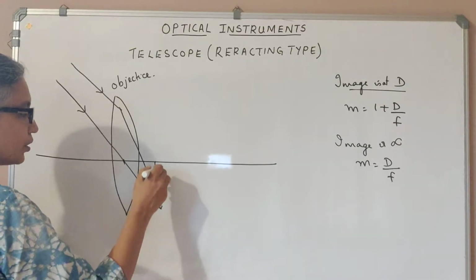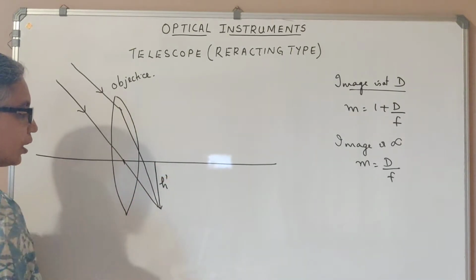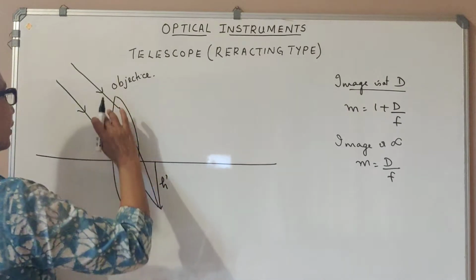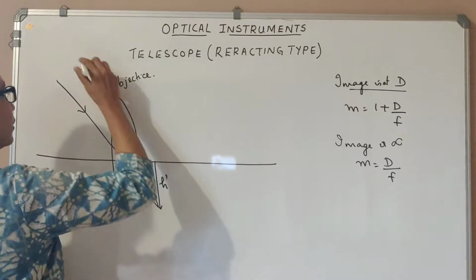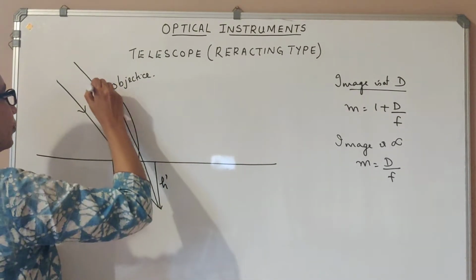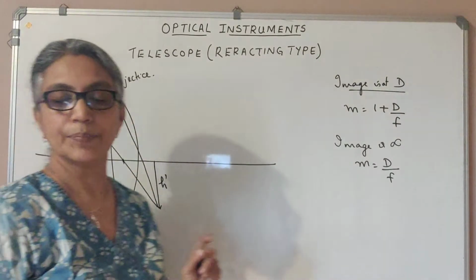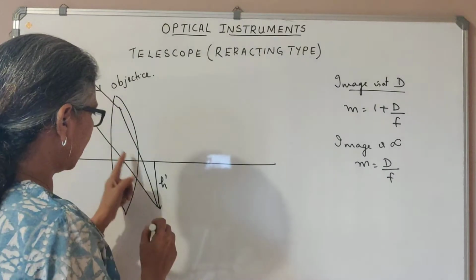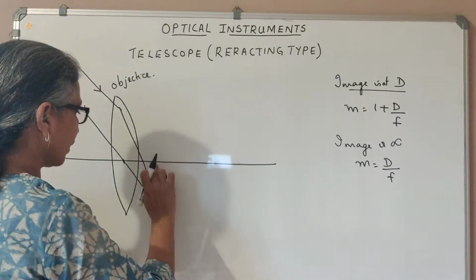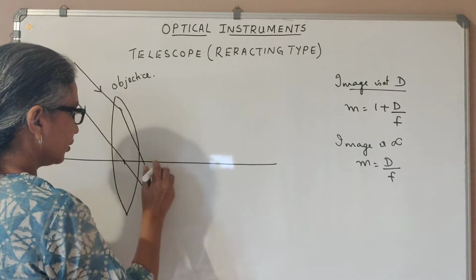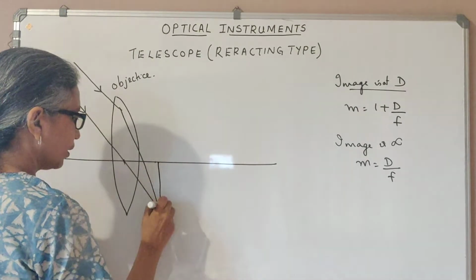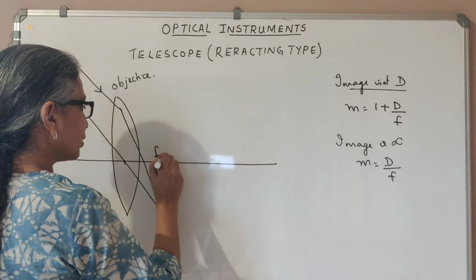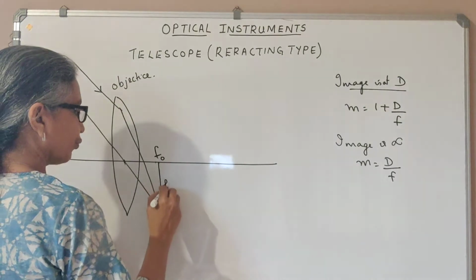So the first image is going to be formed at the focus, because parallel rays entering the lens always meet at the focus. So they are meeting at the focus here. Let me draw it once more. It is now formed at the focus of the objective, which I call F4.